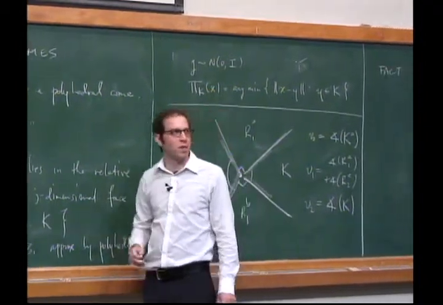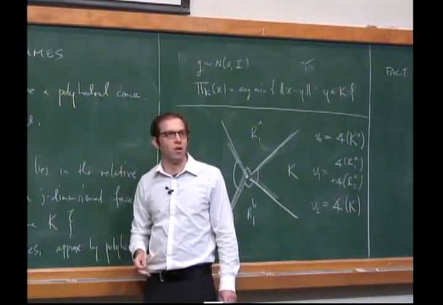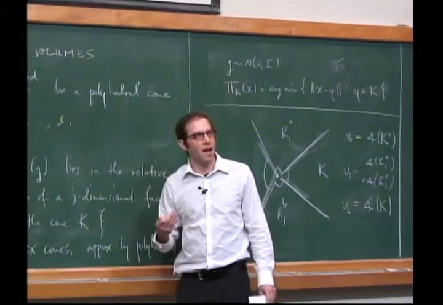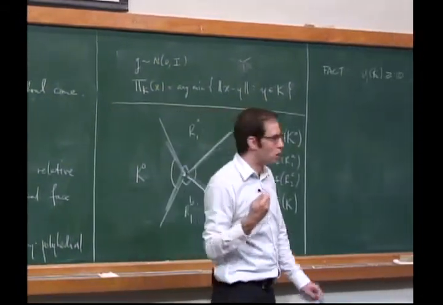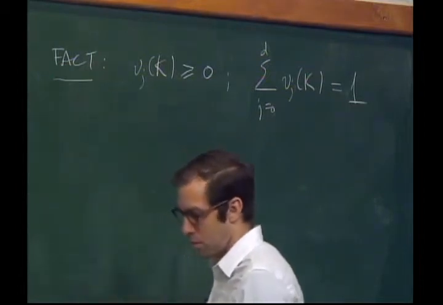So we partition space into disjoint regions, and the probability of those regions is always non-negative, and because the regions are disjoint, those probabilities sum to 1. Okay?